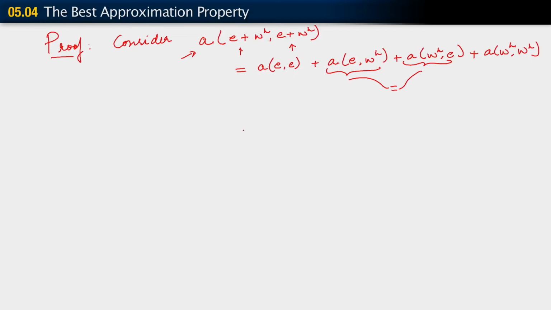Okay, so that lets us then write it out as energy norm of E plus the bilinear form A, let me write it as WH comma E, recognizing that the second and third terms in the line above are equal, plus A of WH comma WH. All right, okay, stare at this now and try to recall whether we can say something special about this term.